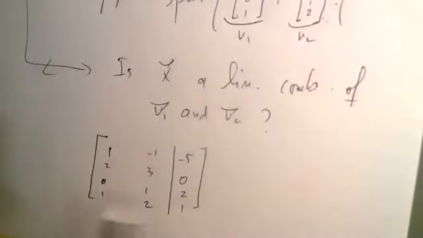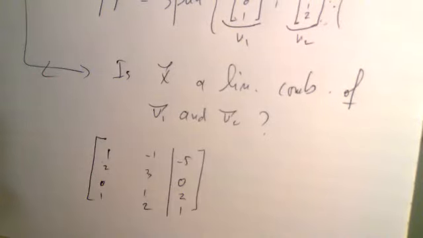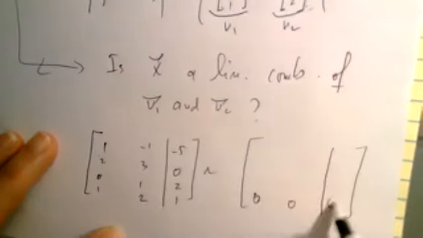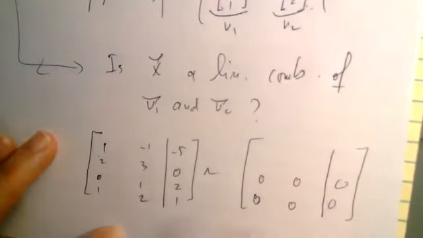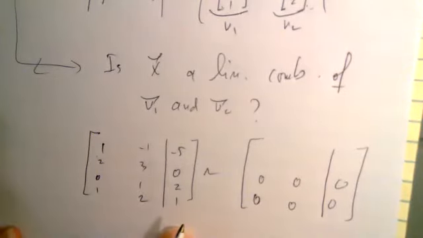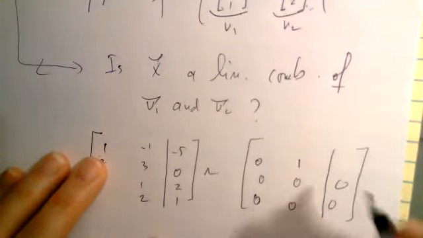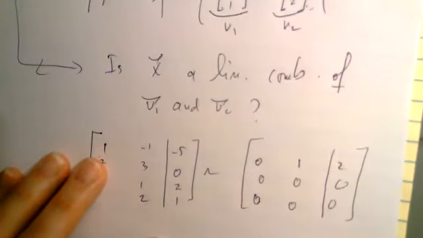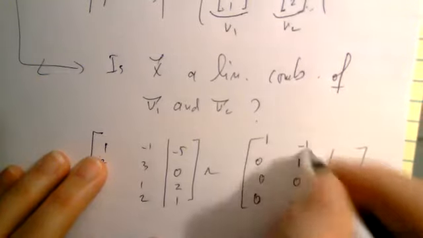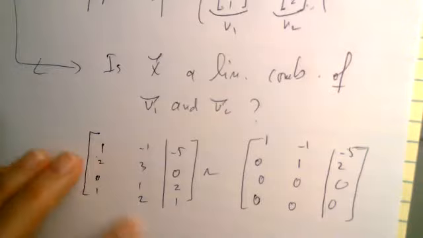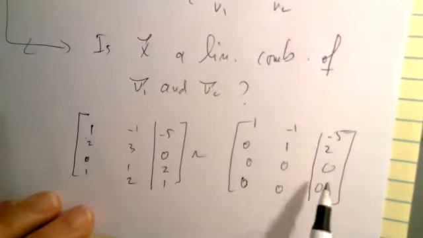Basically I'm solving the system C1 V1 plus C2 V2 equal to B. Now we have to do the math, and I did it. You go to the echelon form, you don't have to go to the reduced form, but at least the echelon form. And I got a 2 in here, and I did 1, minus 1, and I got a minus 5 in here.